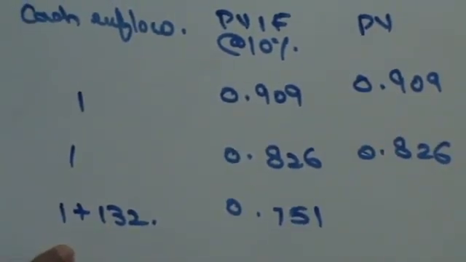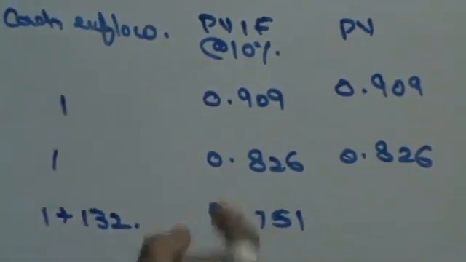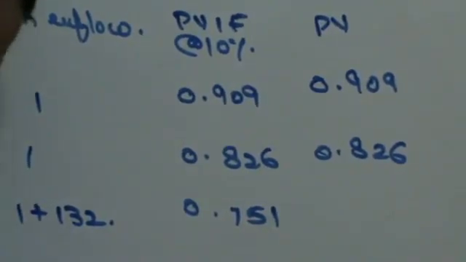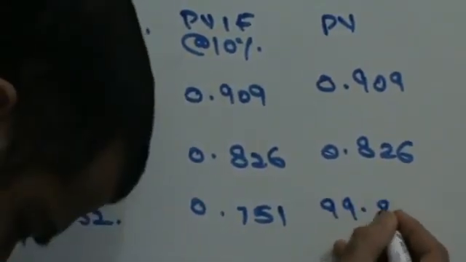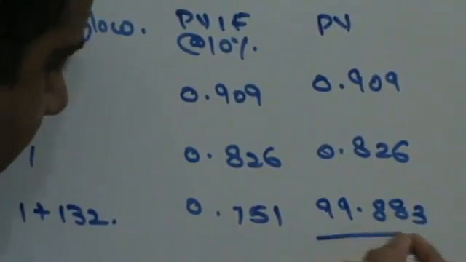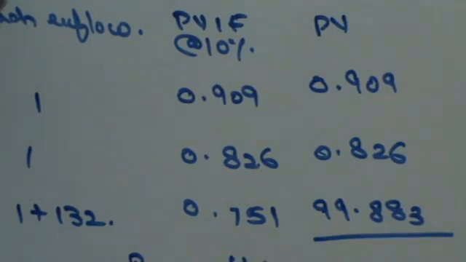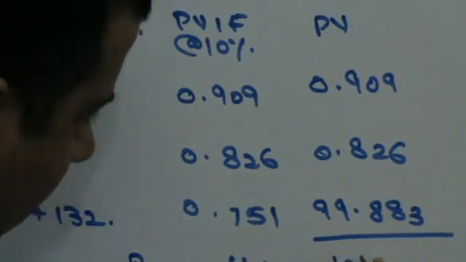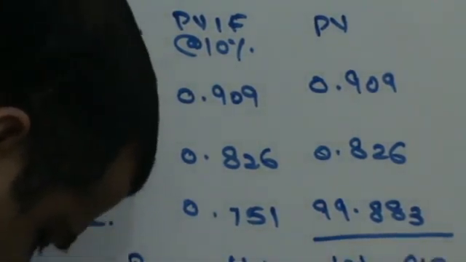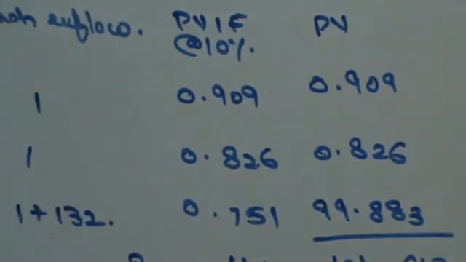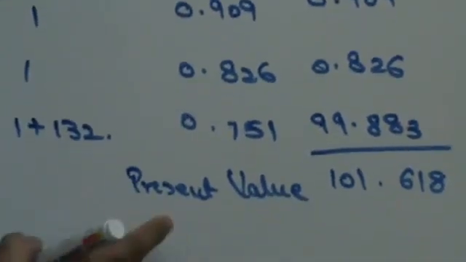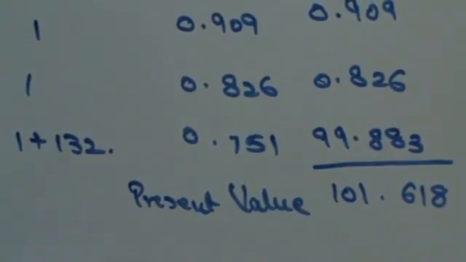This is 133 into 0.751, which is 99.883. So when you add all this, your present value of all cash inflow is 101.618, about 101 rupees.